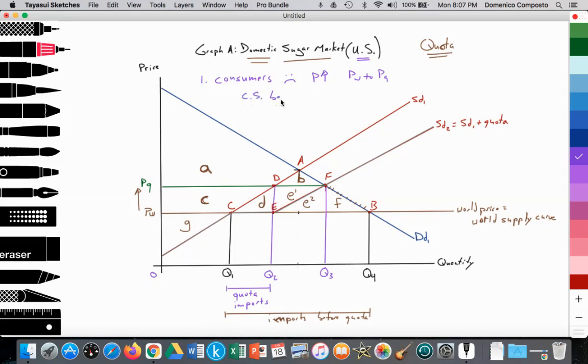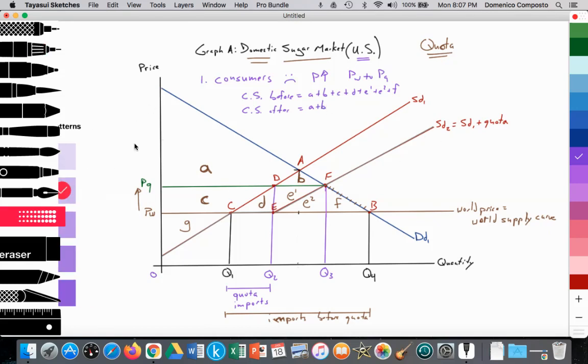because before the quota, it was equal to areas A plus B plus C plus D plus E1 plus E2 plus F. And then consumer surplus after the quota has now been reduced to areas A plus B. So there's a dramatic decrease in the consumer surplus.